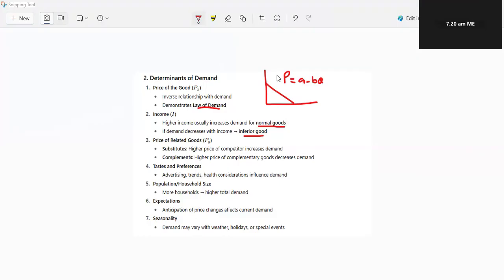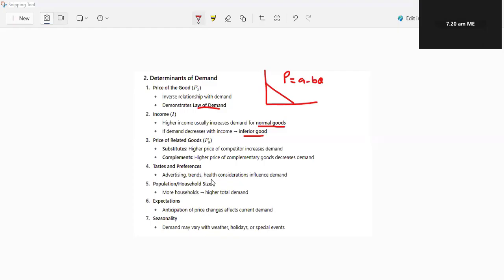All right. Then we can also understand the concept of tastes and preferences. When dealing with tastes and preferences, they will also affect our demand. So we know that trends change from time to time. So when there's a vocation for healthy products, people will demand more of a particular product.